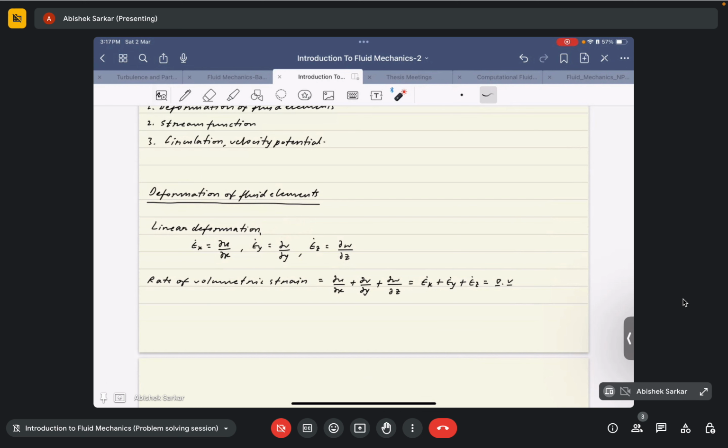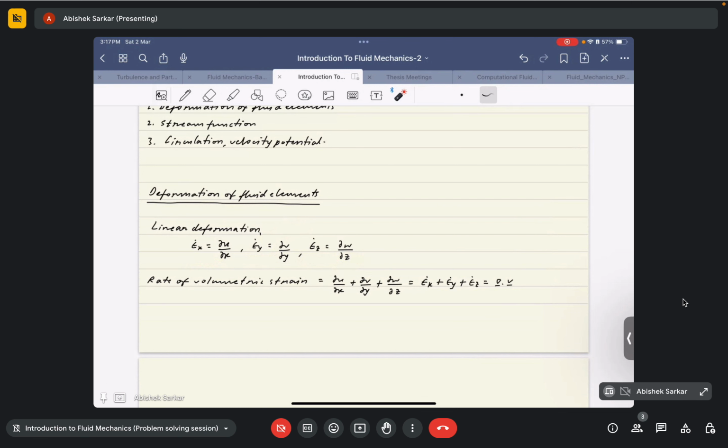Since we are dealing with a Cartesian coordinate system, the fluid element would elongate or contract along a particular Cartesian coordinate direction, say along the x, y, or z axis, denoted by epsilon x dot, which is equal to dou u by dou x, epsilon y dot, which is equal to dou v by dou y, and epsilon z dot, which is equal to dou w by dou z. By dou I am referring to the partial derivative with respect to a particular coordinate direction.